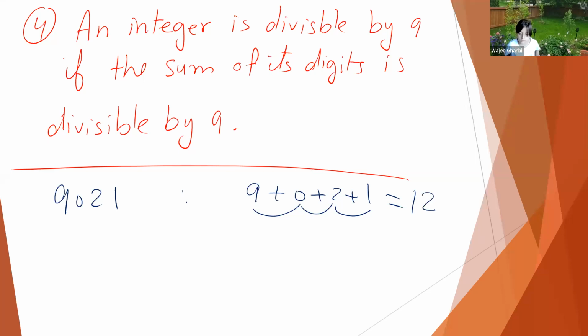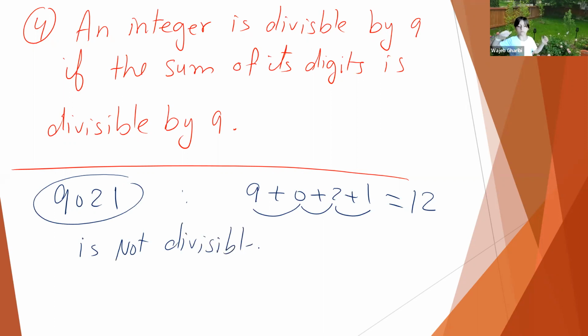And 12 is not divisible by 9. So this number is not divisible by 9, because the sum of its digits is not divisible by 9.